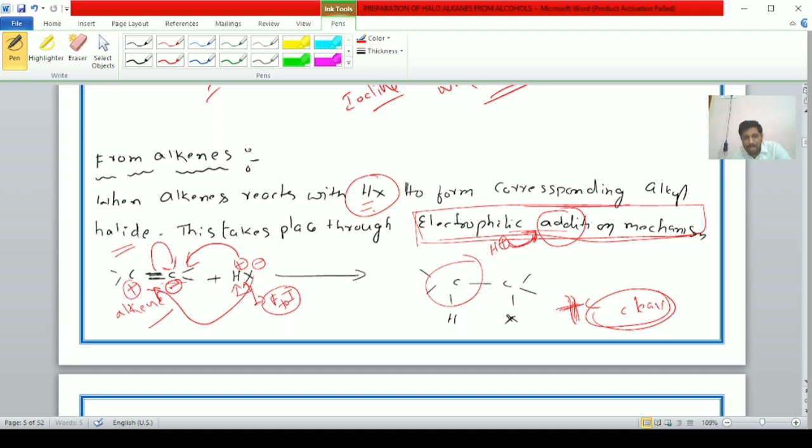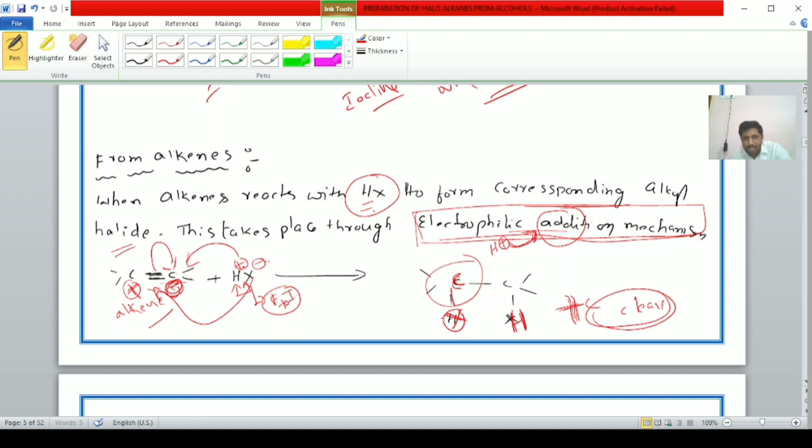That's why the product formed has a halogen atom here and a hydrogen atom here. Clear student? C double bond C, here positive charge is developed, here negative charge will be developed. H plus is added to this carbon, X minus is added to this carbon. Hence it is also an alkyl halide because the halogen atom is bonded to the carbon atom.